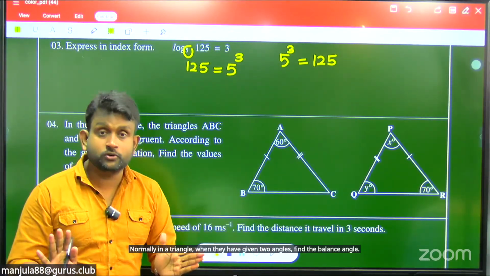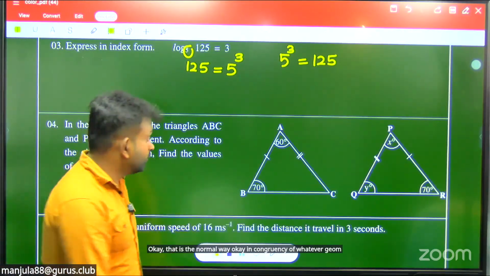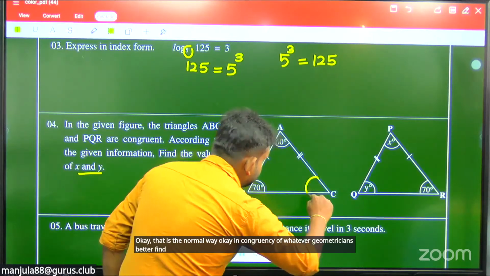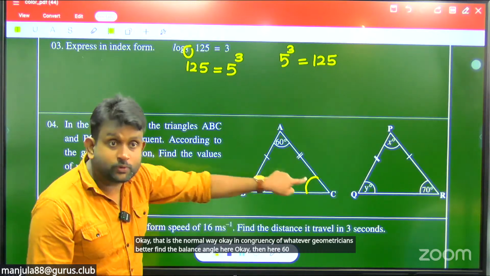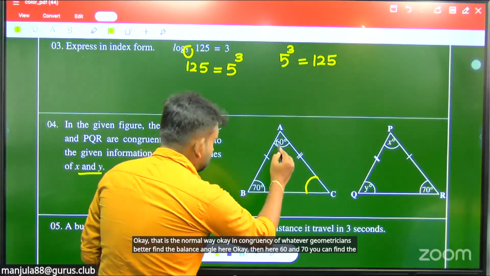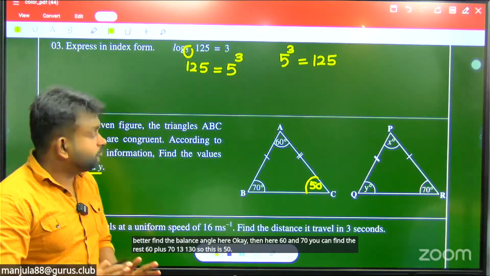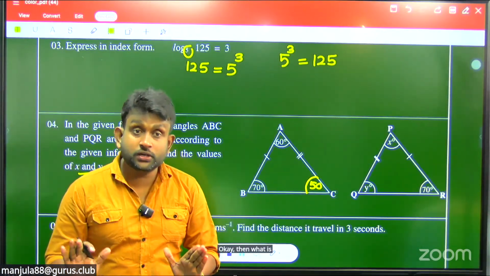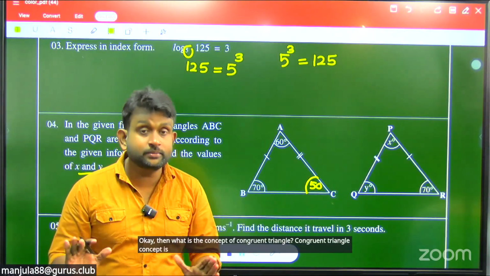In congruency or geometric problems, it is better to find the balance angle. Here 60 and 70: 60 plus 70 is 130, so this is 50. Then what is the concept of congruent triangles? The concept is that their corresponding elements are equal.